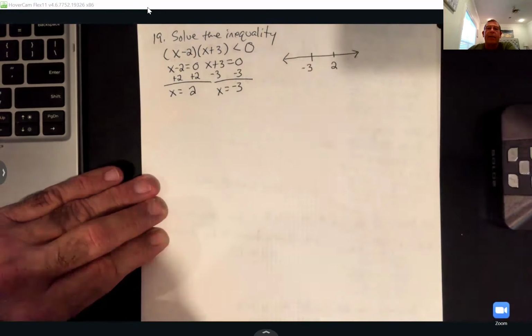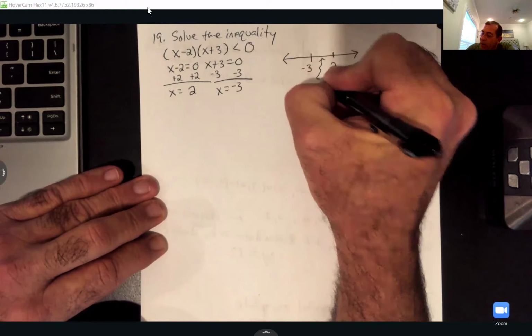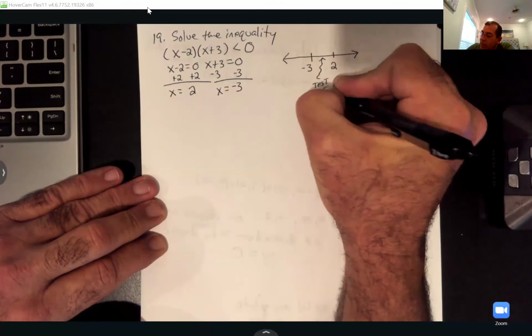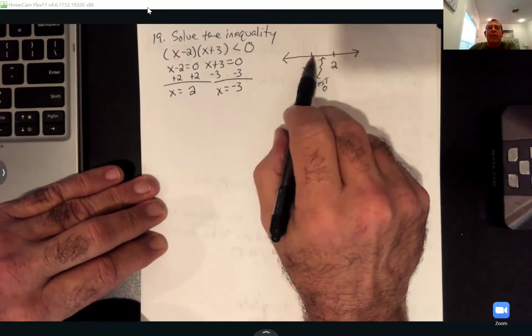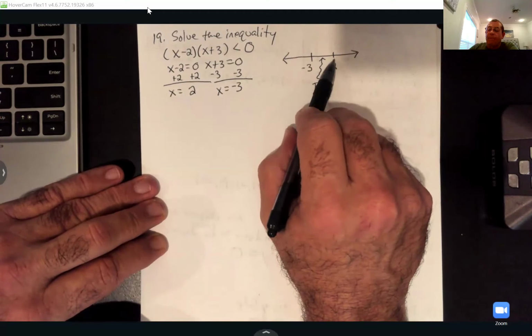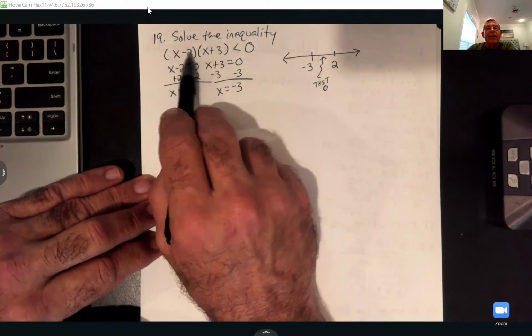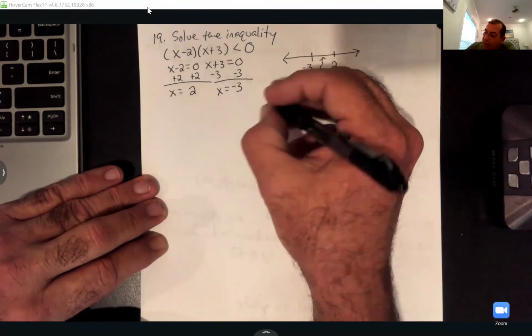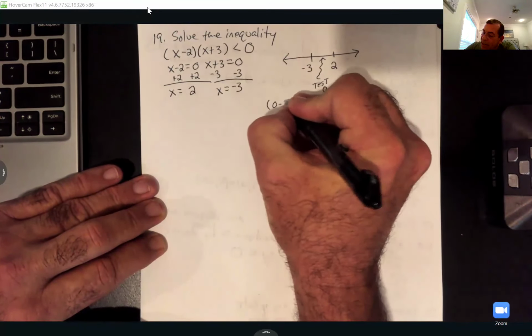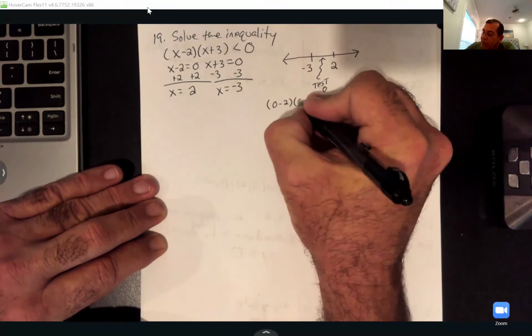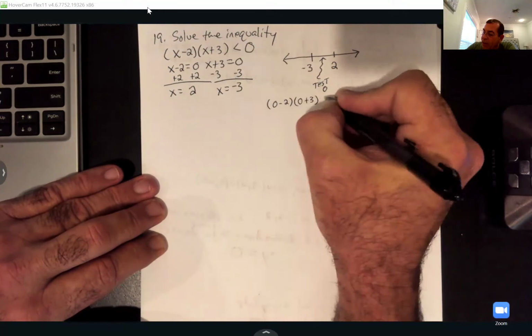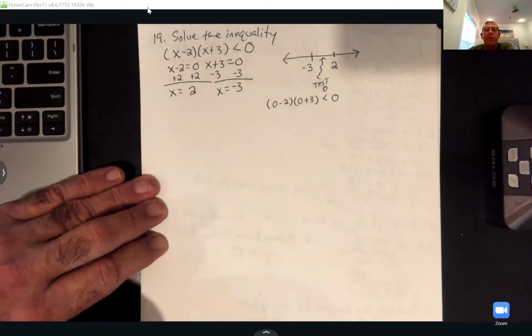Now, I pick my test point and I always use 0. So I'm going to test the 0 that's in between negative 3 and 2 by putting a 0 in for both of these x's and seeing if this is less than 0. So that'll give me 0 minus 2 times 0 plus 3 has to be less than 0.